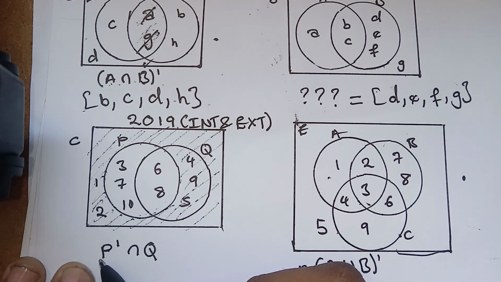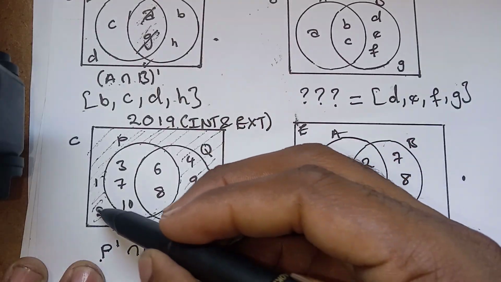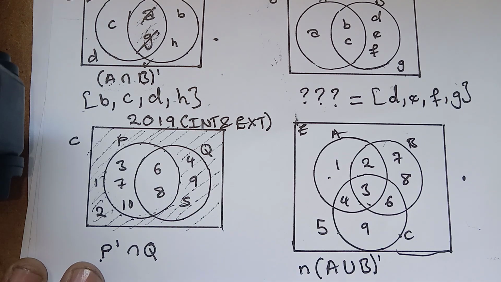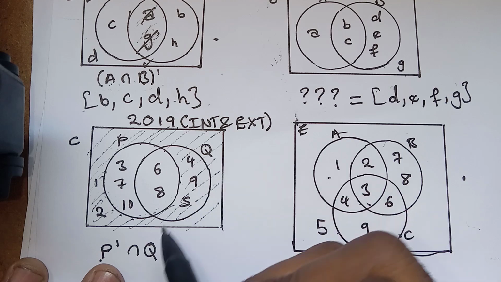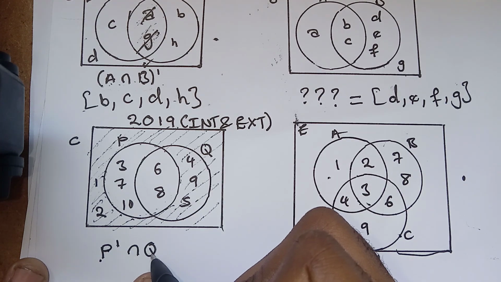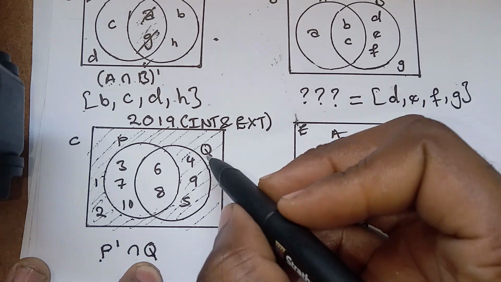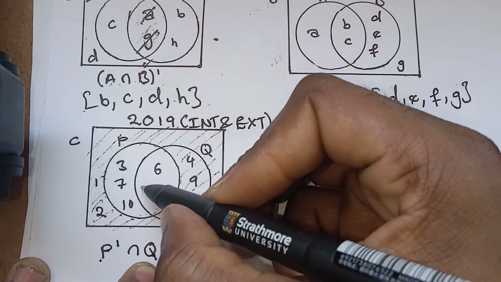In P complement, we have all these elements except for the elements of P. And now we want to intersect these elements with the elements of Q. So you can also shade the region Q. So this is the set Q.